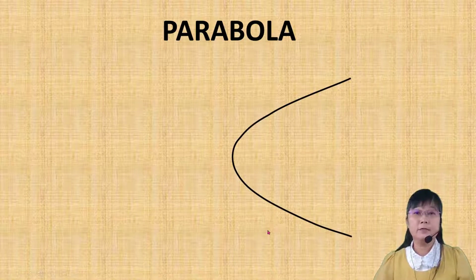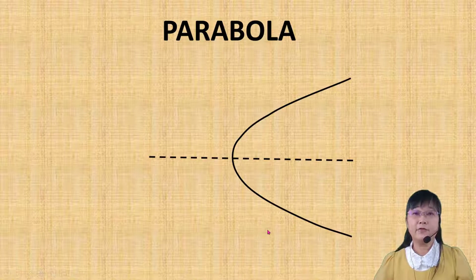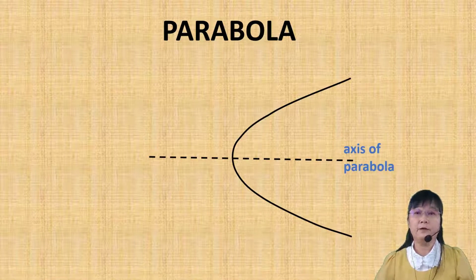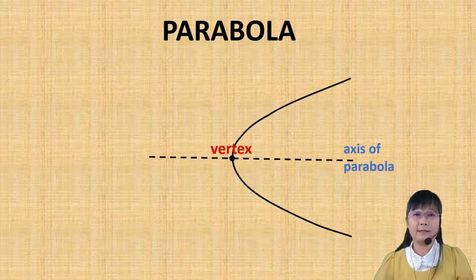And there is one axis of symmetry, and we call it the axis of the parabola. The intersection point between the axis of the parabola and the curve, we call it the vertex.